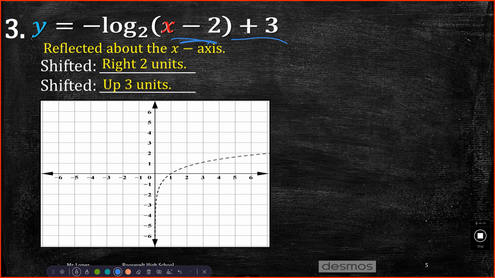Okay, so if you have the parent function y equals log base 2 of x, and you do all these transformations from left to right, you got 3 of them. Reflected about the x-axis will look like this. That's a reflection about the x-axis. Then we're going to shift it right 2 units. I'm going to use this as my reference point.